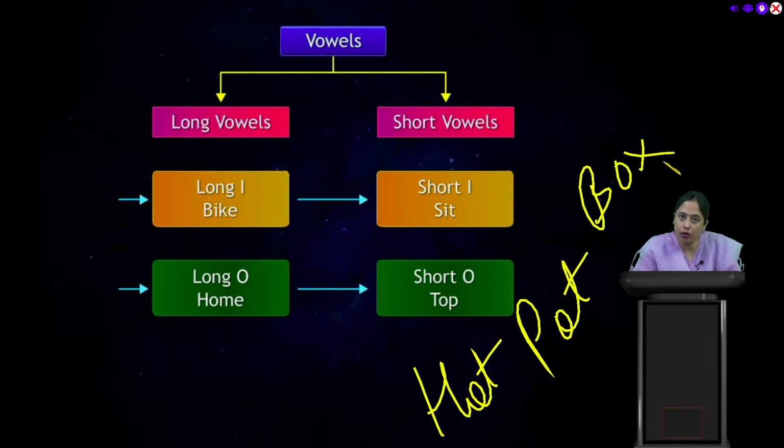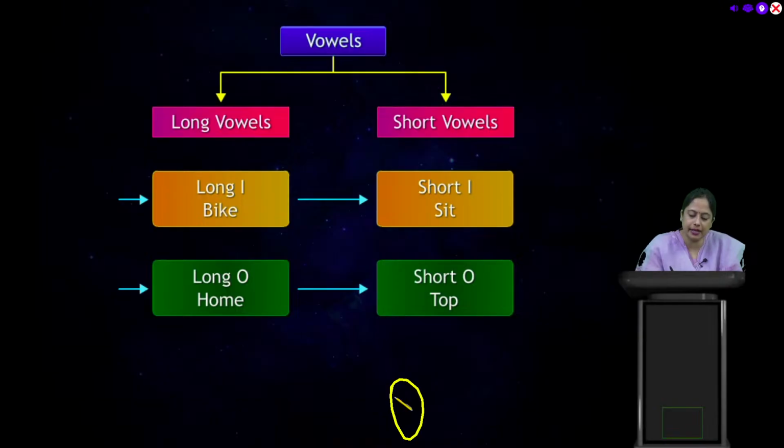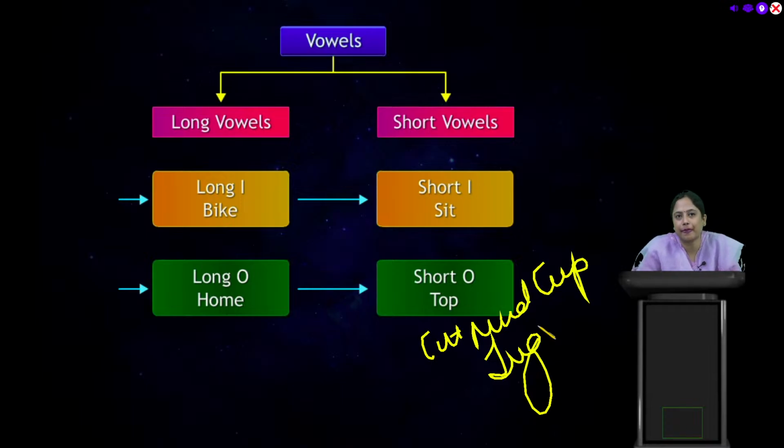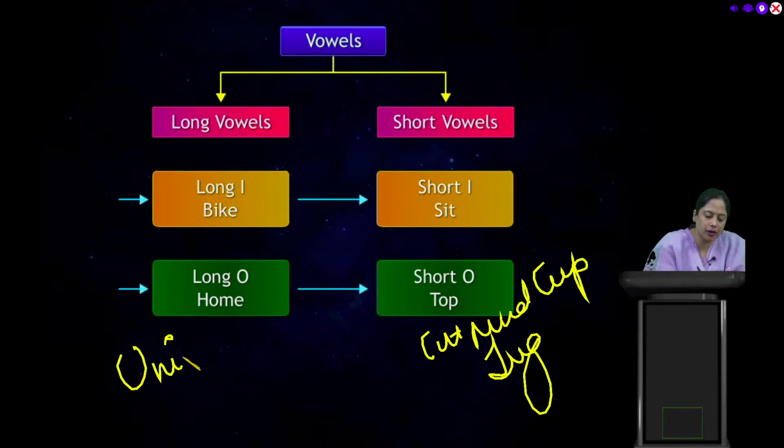Sometimes the letter O produces the A sound, as in onion, as in union. Similarly, the letter U also has more than one sound. Sometimes the letter U has a short U sound, as in cut, as in mud, as in cup, as in jug. Sometimes the U is very long, as in uniform, as in university.